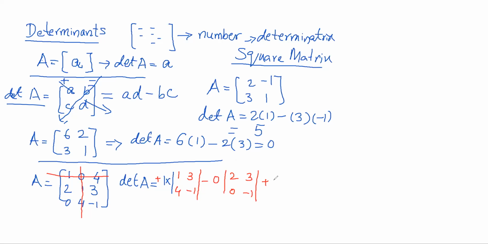Okay, so it will be then 4 over here. So in this case, now I will remove the first row and the third column, and then what we are left with will be 2 1 and 0 4.